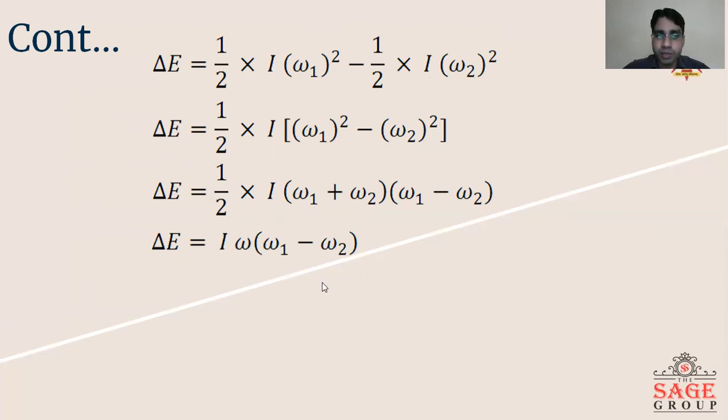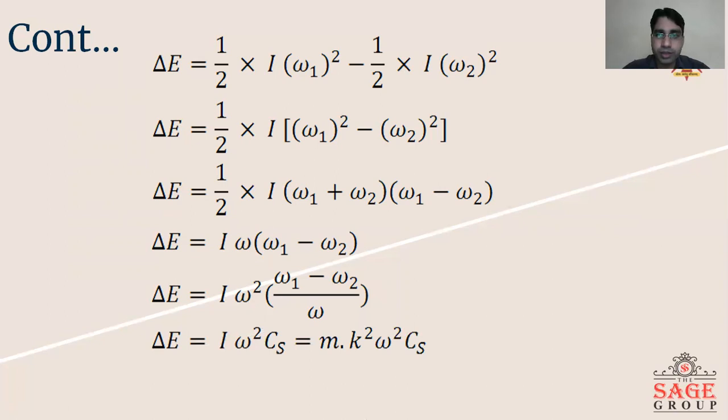So we have I omega into omega 1 minus omega 2. Here we can divide by omega and multiply by omega, so the equation will not change. So this one is omega into omega, that is omega square, and it is also divided by omega. Omega 1 minus omega 2 divided by omega equals the coefficient of fluctuation of speed, represented by Cs.